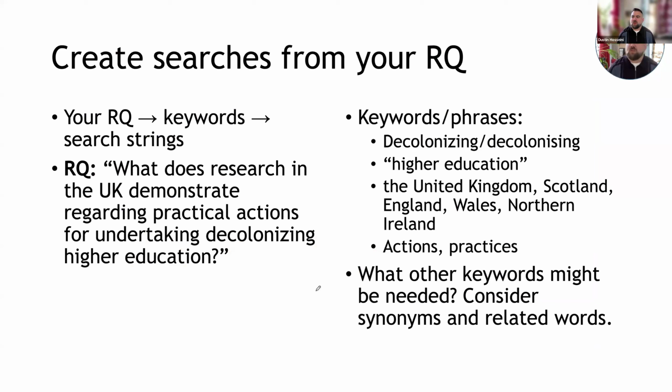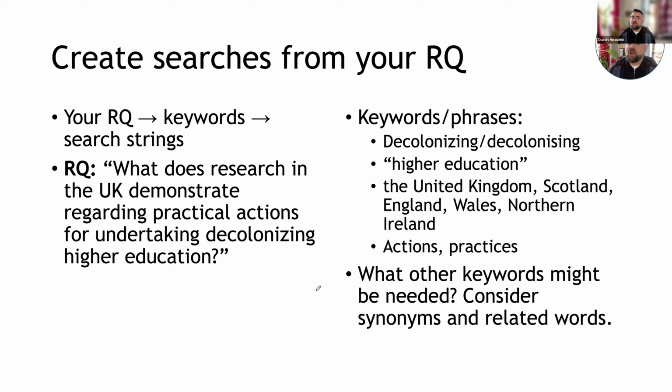So from your research question, a simple formula to follow is this. Your research question allows you to create keywords, which then allows you to create and formulate search strings, right? So again, my keywords here are decolonizing, higher education, the UK, actions and practices. So what you should consider is what other keywords or synonyms might be needed.